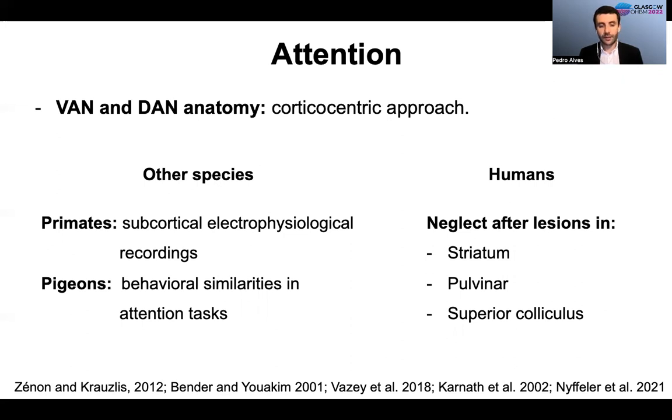Second, the study of phylogenetically distant species with markedly different cortical morphologies shows behavioral similarities with us during attention tasks. Finally, in humans, neglect, a paradigmatic syndrome of hemispatial inattention, does not only result from cortical dysfunction, but also from subcortical lesions.